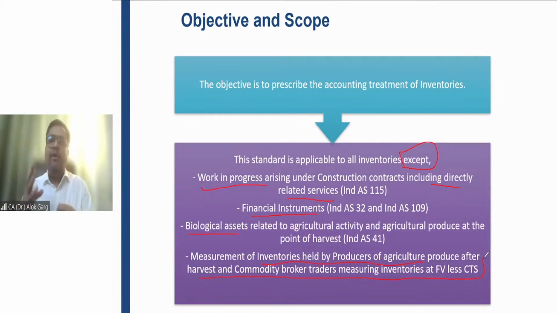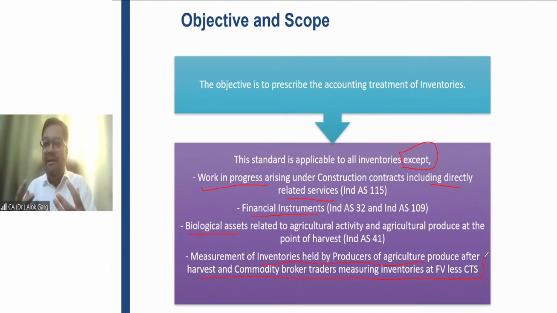The mango tree is an asset, and what are mangoes? Mangoes are the agriculture produce. So if ITC has its own mango orchards, they are getting mangoes, which are agriculture produce. So ITC is known as a producer of agriculture produce, right?